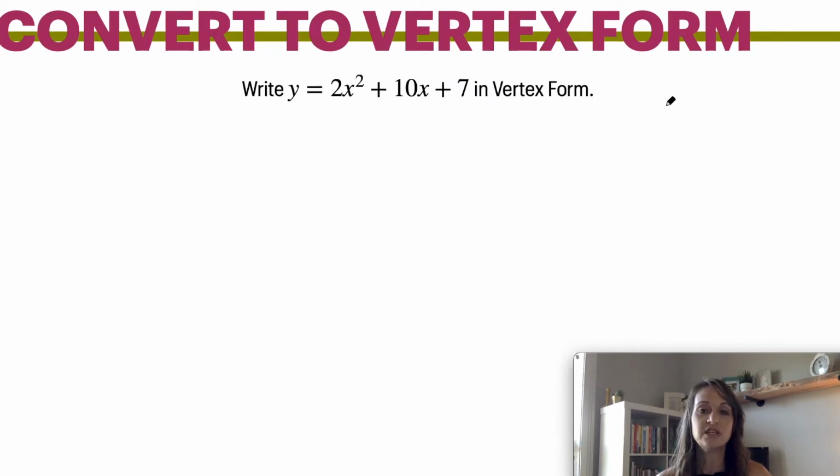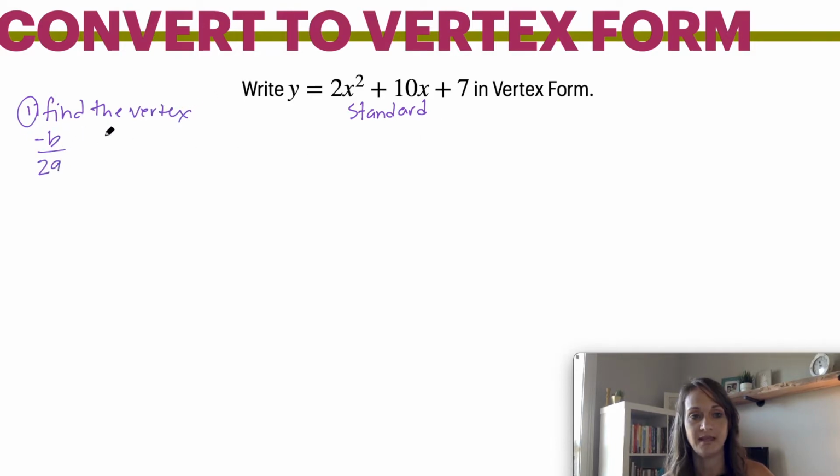Now, you actually can convert between standard form and vertex form. So this is considered standard form, and we can actually create the vertex form from that. The way we do it is, one, we find the vertex. So the vertex is -b over 2a.